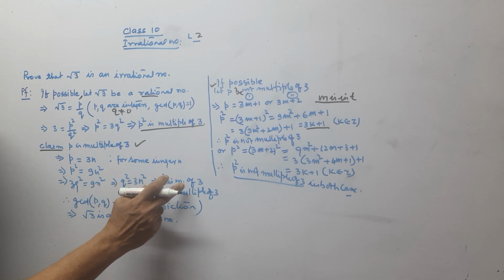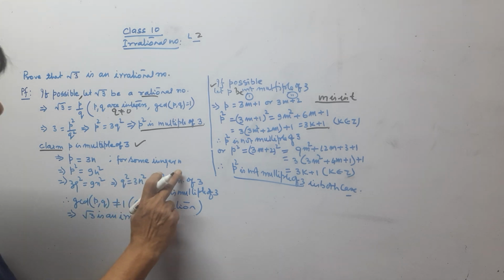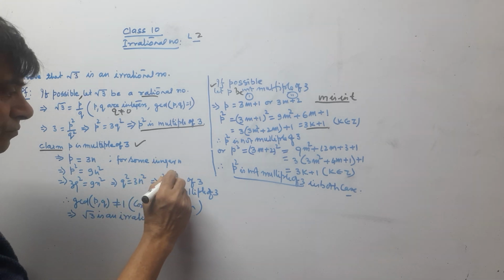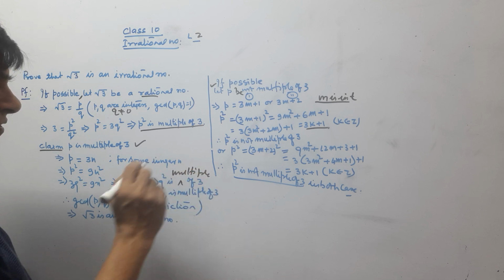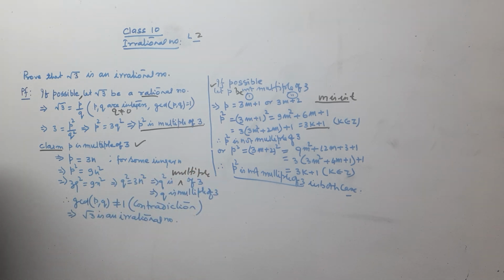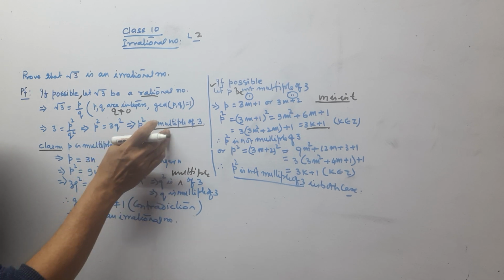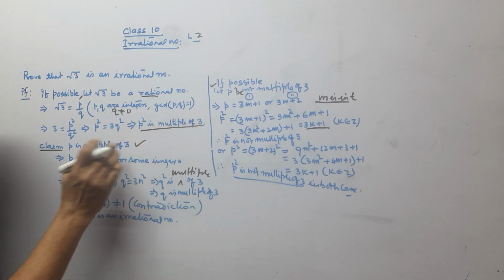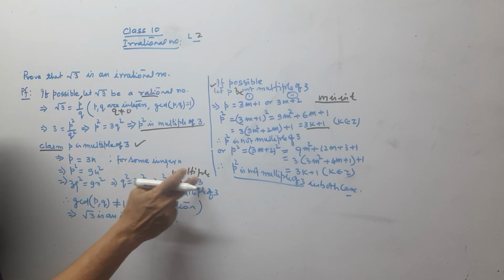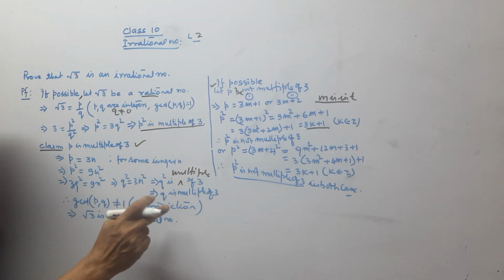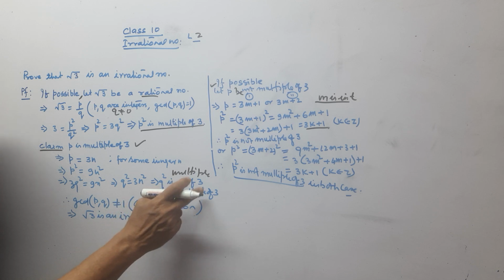Then q square is multiple of 3. Then as p square is multiple of 3, then p is surely multiple of 3. So q square is multiple of 3. Then using this technique we can say q is multiple of 3.